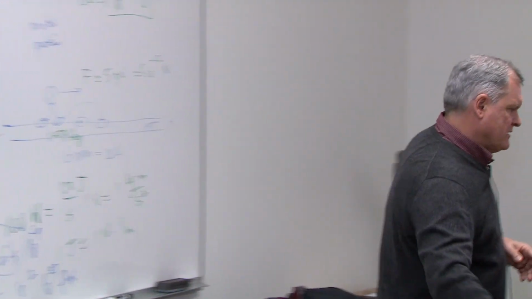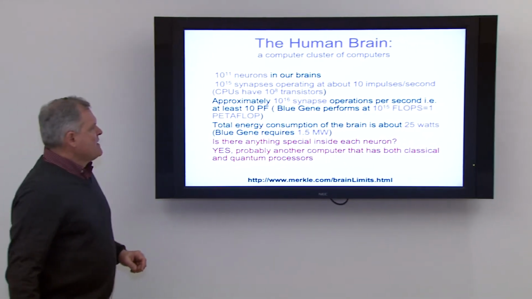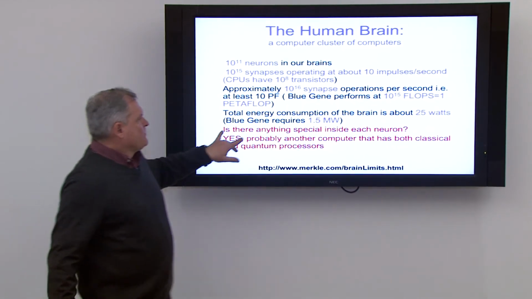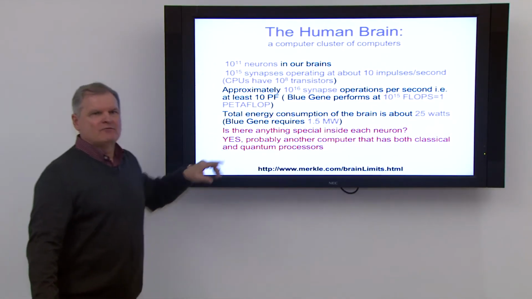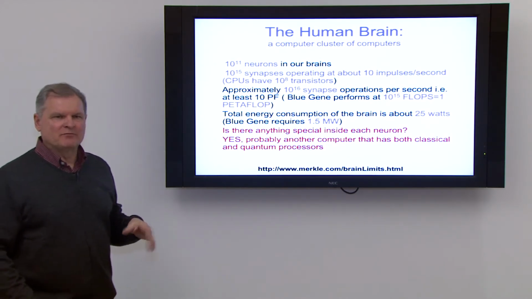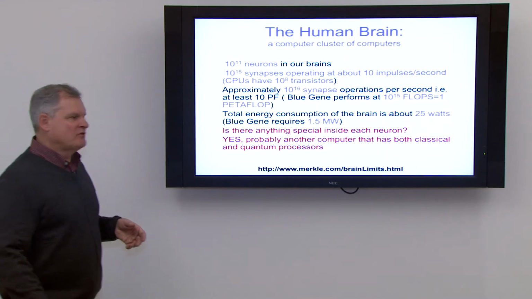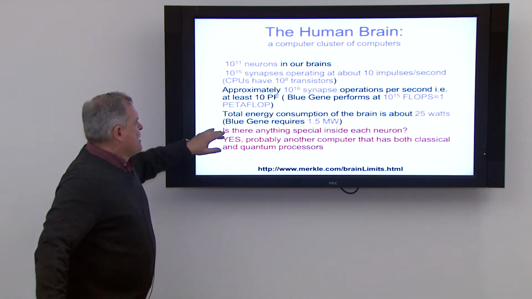The power, so I said 25 watts for the entire cost of running the brain. Most of it is actually for trivial things, maintenance. But the processing is maybe 10% of that, about 3 watts.